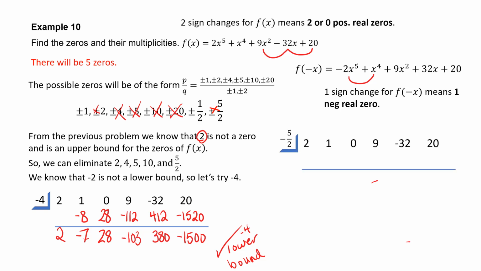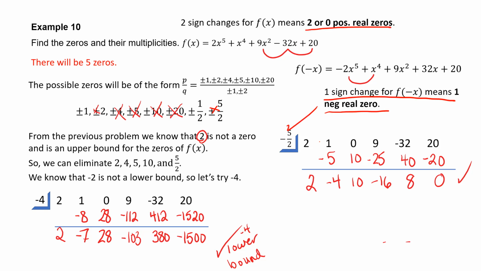We'll try -5/2. And when we stick that in, bring down the 2, multiply it, you get -5, -4, 10, add it, -25, -16, 40, 8, 20, negative 20, and 0. So negative 5 halves is a 0.